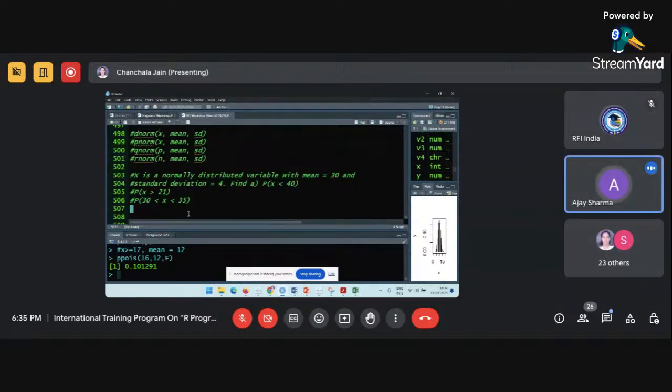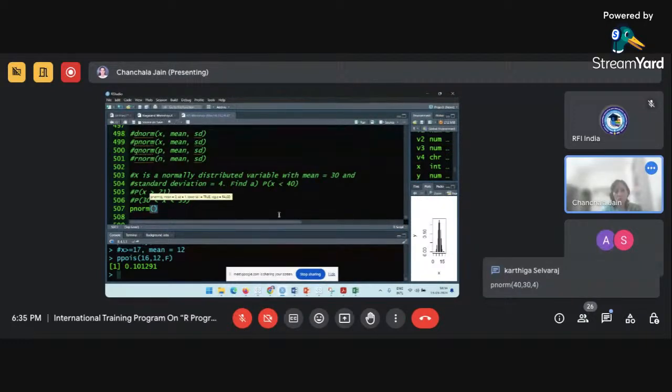Less than means it can be any number, right? So we will go for cumulative, pnorm. And then we need to pass the value of q. What do I need to take? 40 or 39 or 41?